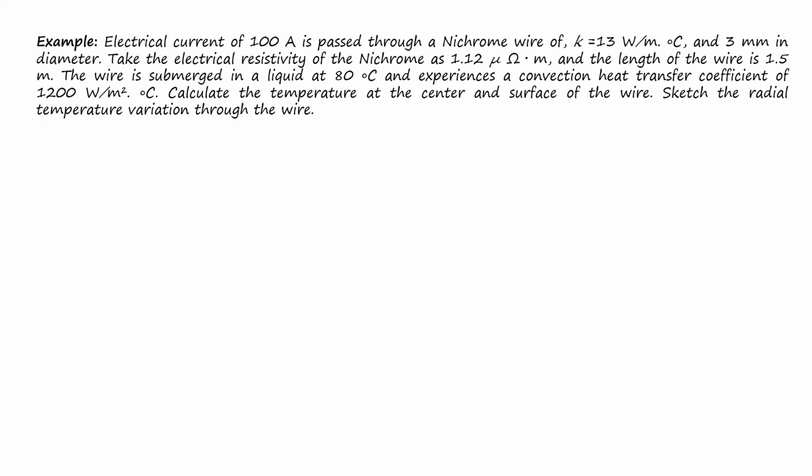Now let us pass through one of the practical applications in industry, where an electric current of 100 ampere is passed through a nichrome wire of k equal to 13 watt per meter degree Celsius, and the diameter corresponds to 3 millimeter.